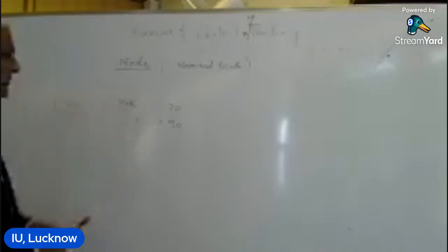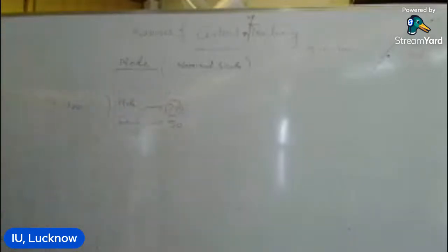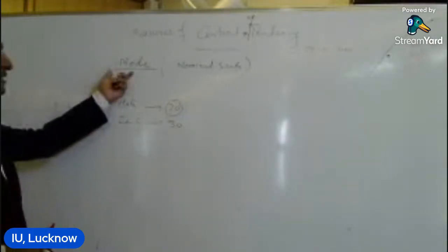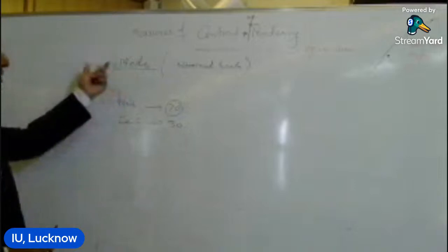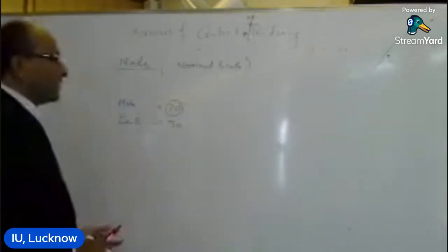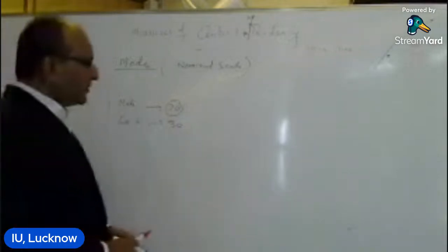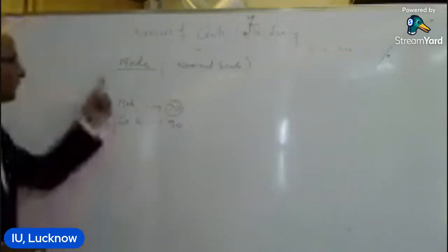The maximum frequency is 70, so male will be the representative of that class. That is why it is called mode, like mode of payment. Either you pay your fee in cash, DD, or check. The one whose frequency is maximum is the mode of payment.